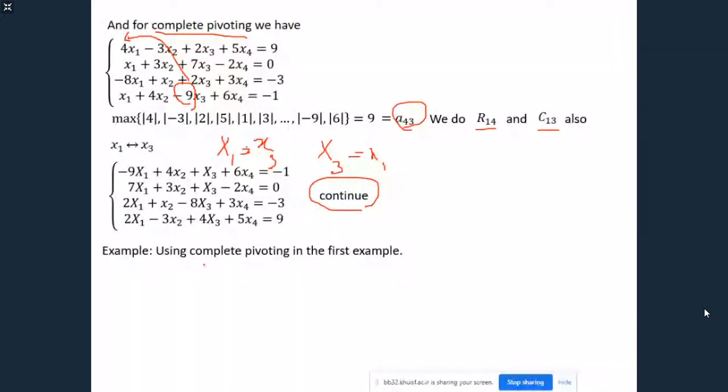Example, using complete pivoting in the first example. We have an example. It was a very special example, so we named it Example 1.